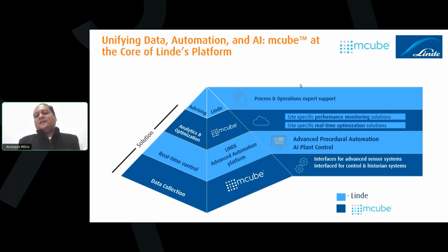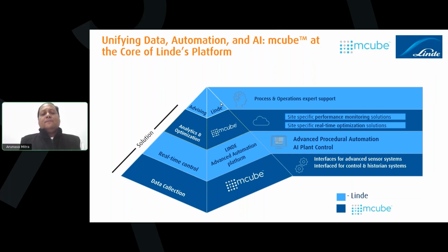The robust, scalable, secure platform, which is mCube, empowering AI plant control, which is built by Linde Engineering's process and operations experts, who are basically people who build real plants, autonomous plants, semi-autonomous plants across the globe, with all their knowledge synthesized into these models, which will help you to achieve operational excellence in your plant, built and deployed on mCube, which will give you the technological edge.